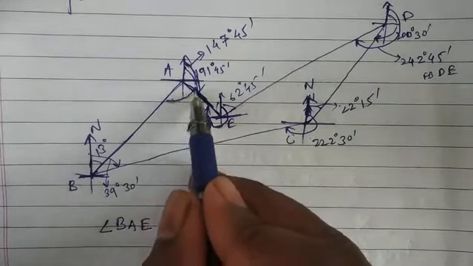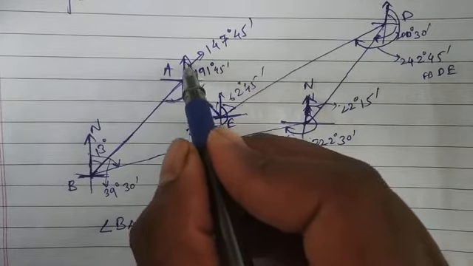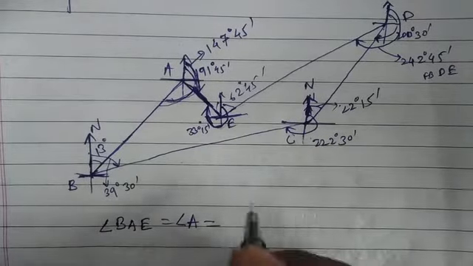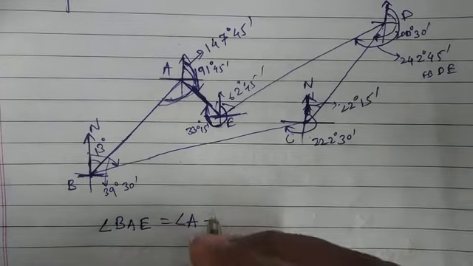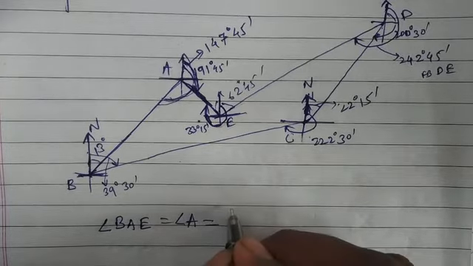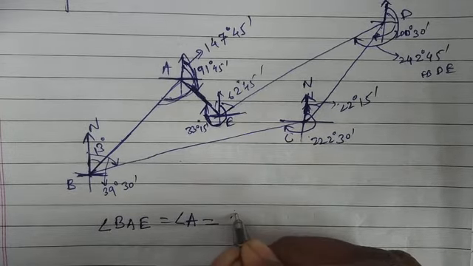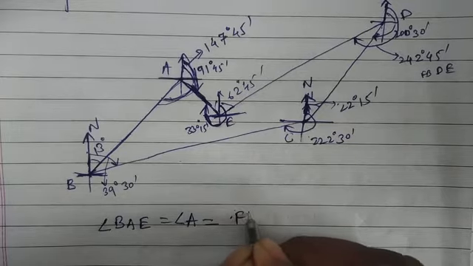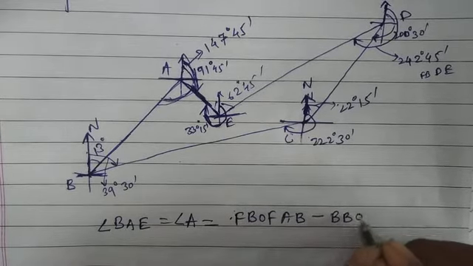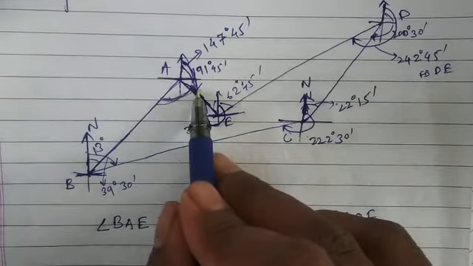To get this angle, we need to subtract this bearing from this bearing of the line. Writing it in the format of fore bearing and back bearing, angle A is equal to the fore bearing of AB minus the back bearing of EA.